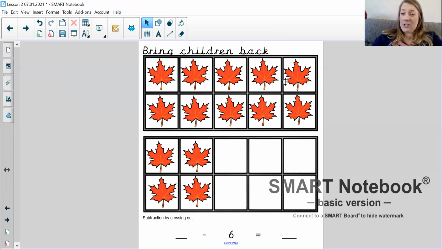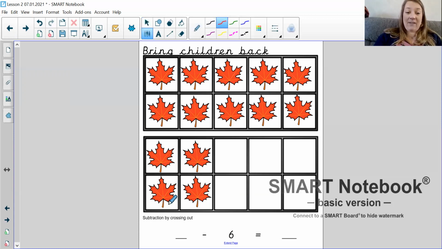So I'm going to put 10 in my head and I'm going to count on 11, 12, 13, 14. There are 14 leaves.